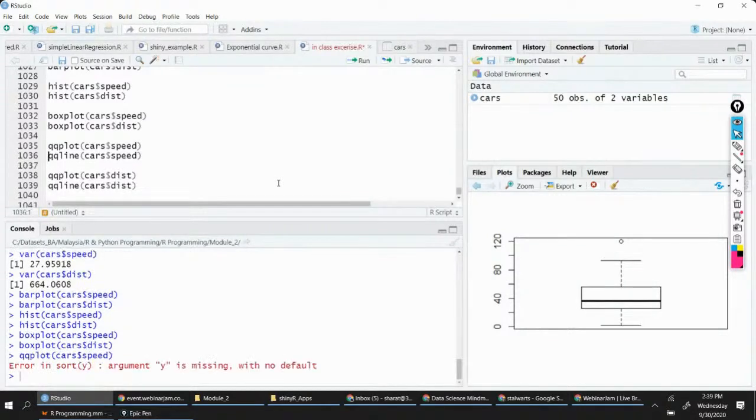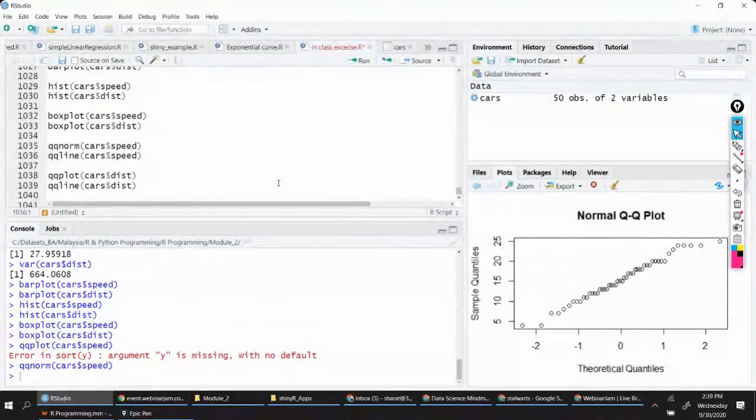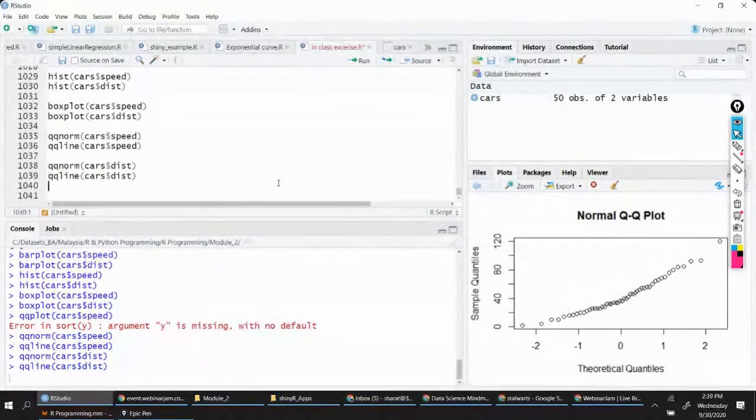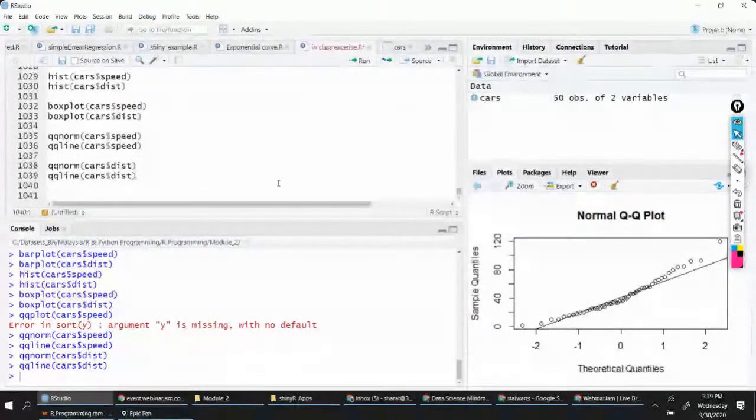So I'm checking whether this is, oh, sorry, my bad. It's QQ norm. Yeah, QQ line. Yes, it is normally distributed. And this is also normally distributed. Even though I have outliers, the majority of the data is falling on the straight line, right? So this is normally distributed.